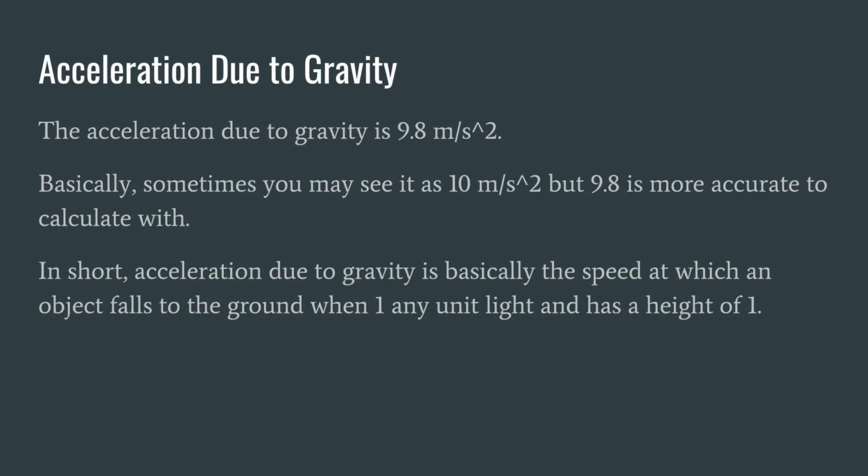In short, acceleration due to gravity is the rate at which an object falls to the ground: it will fall at the rate of 9.8 meters per second squared. We will get into speed, velocity, and acceleration soon, but all you need to know for this is 9.8 meters per second squared.